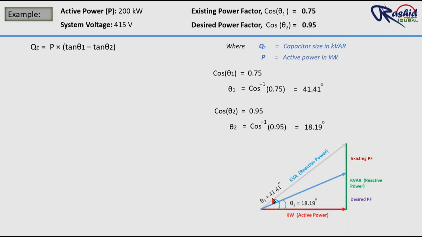Now substituting the values in this formula, that is QC equal to 200, this is the power in kilowatt, multiplied by tan 41.41 degree, because theta 1 equal to 41.41 degree as we calculated here, minus tan 18.19 degree, it is the theta 2 value we calculated here. Now QC equal to 200 multiplied by, we need to calculate the value of tan 41.41 degree.